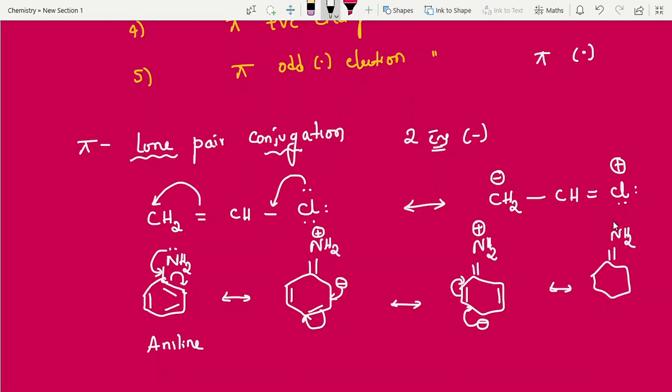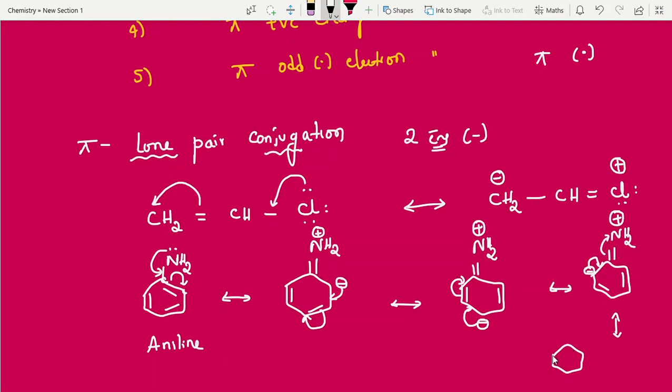NH2 plus. Okay. Now it has taken the negative charge here, a bond here. So finally this is another structure. Next, the last step, what happens? See, these pi electrons shifting here, this negative charge shifting here, this pi bond going back.